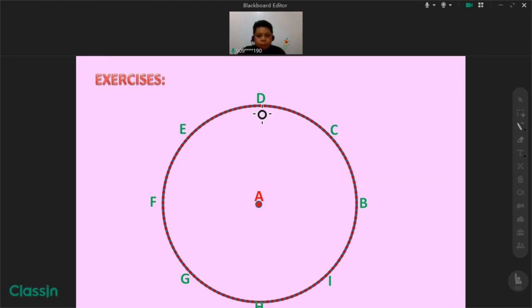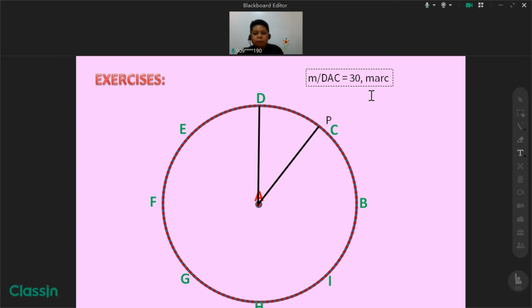So if line segment DA is a radius, and we have another line segment there, let us say this is point P. And the measure of angle DAC is equal to 30 degrees, then what is the measure of arc DC?